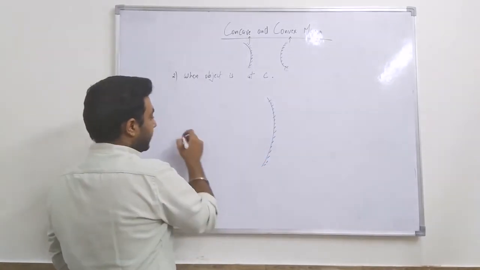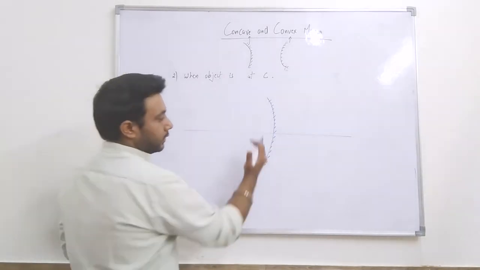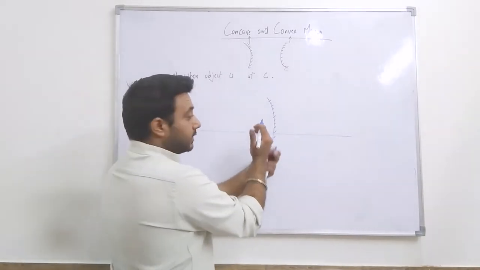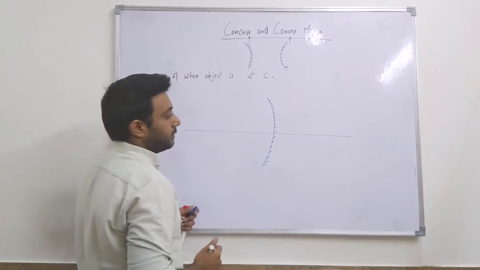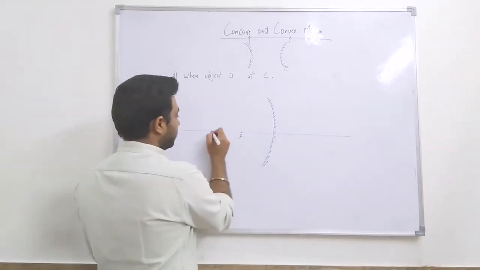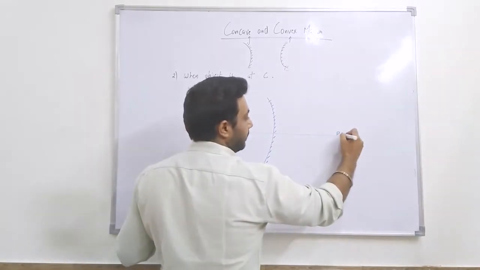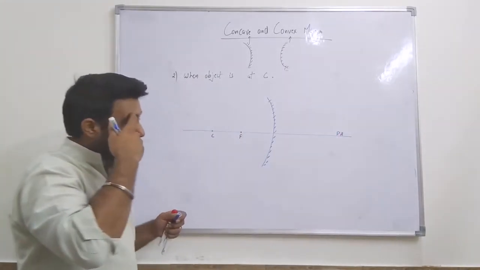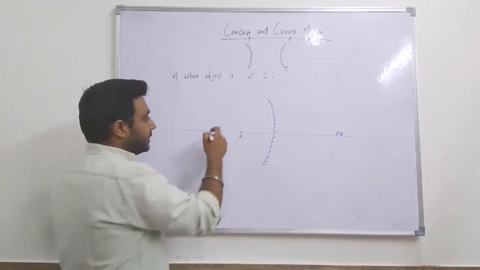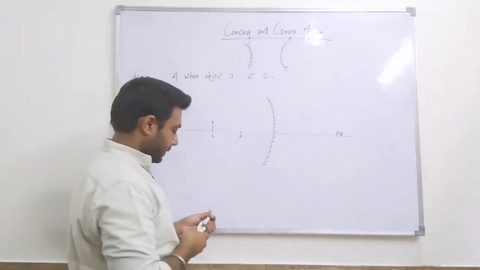Again, I am saying that note that the paint is on the bulge side, outside the cave is concave mirror. Now this is the focus. This is the center of curvature, and this is the principal axis. Now the object is placed at the curvature.